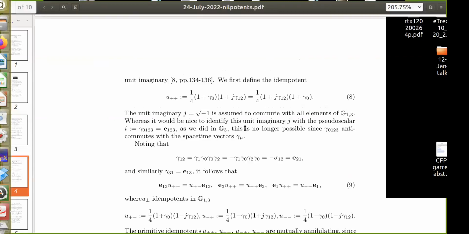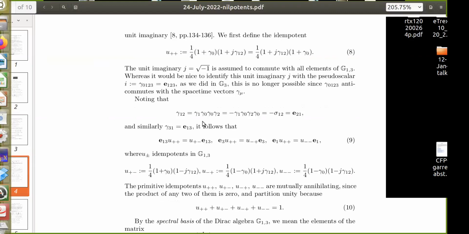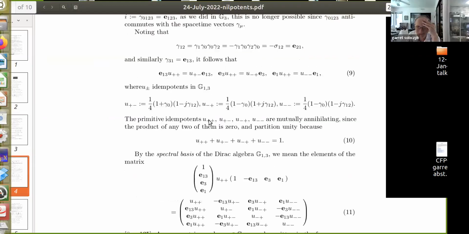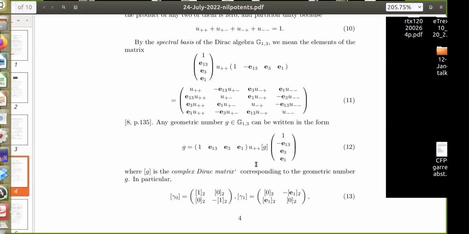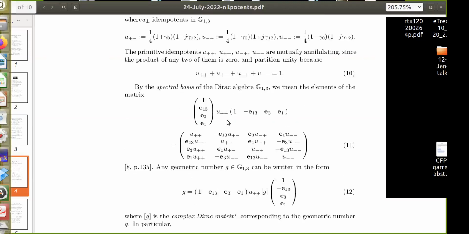Could you show again the spectral basis for the Dirac algebra? Yeah. Okay, what we have here. So gamma 0, standard. Okay. Could you go back, I guess, so that we can see all of 11? Yes. So here, I just want to point out something here, if I can. Let's see if I can do this.